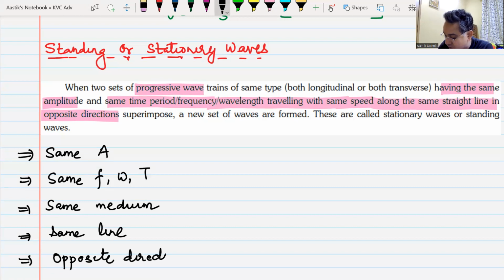When they superimpose on each other, a new type of wave is formed, that is known as the standing wave or the stationary wave. Standing wave, khadi hui wave.